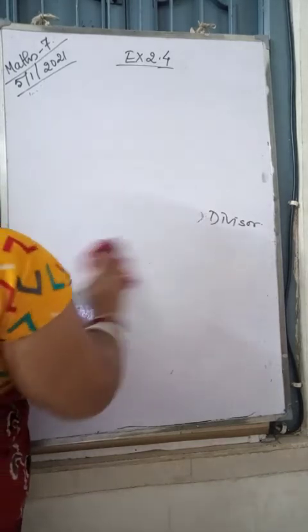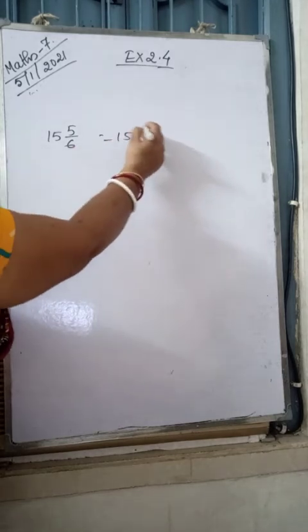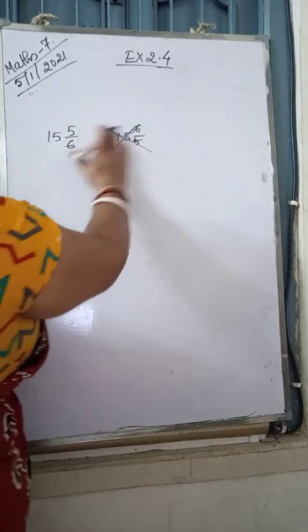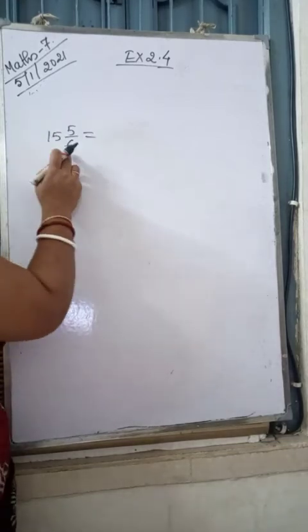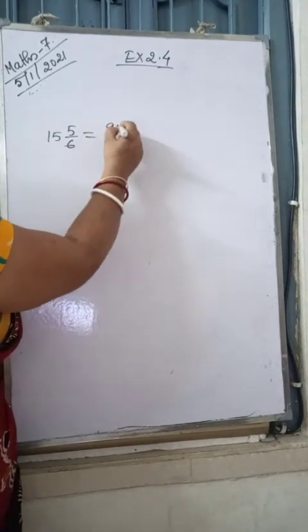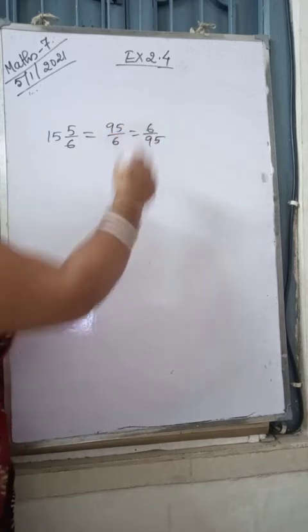Okay, so let us begin. Here, the first question they have asked you to write the reciprocal. So that you have to write it in the book itself. You don't need to write it in the copy. Now the last one you can see it is given 15 whole 5 by 6. We are not going to write 15 whole 6 by 5. This is wrong. What we are going to do, we will be writing it in improper fraction. 15 6s are 95. 95 by 6 or the reciprocal will be 6 by 95.